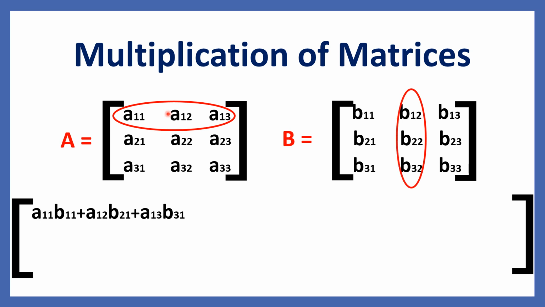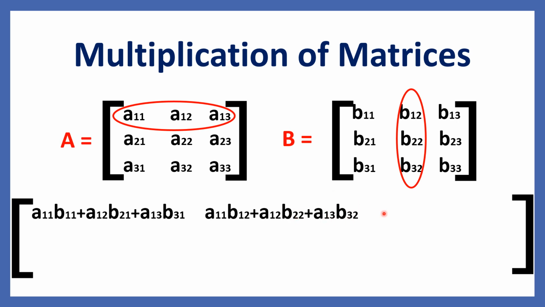Thus, A11 into B12 plus A12 into B22 plus A13 into B32. Thus, we get the first element of the second column in the resultant matrix.